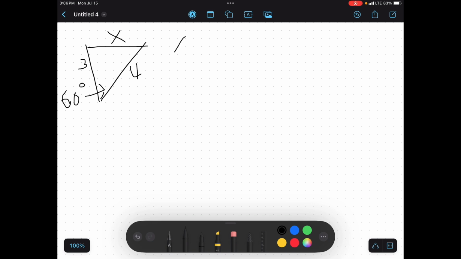So what I can say then is that x squared is equal to 3 squared plus 4 squared minus 2 times 3 times 4 times the cosine of 60 degrees. I really didn't leave myself enough room there, so I'm just going to note that the cosine of 60 degrees is 1/2. So let's just fill that in now.